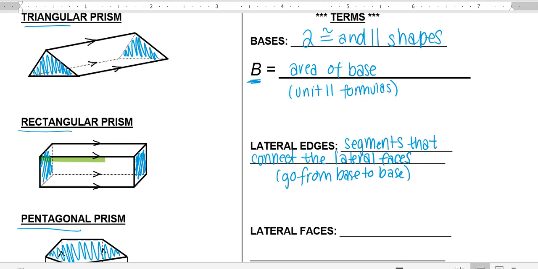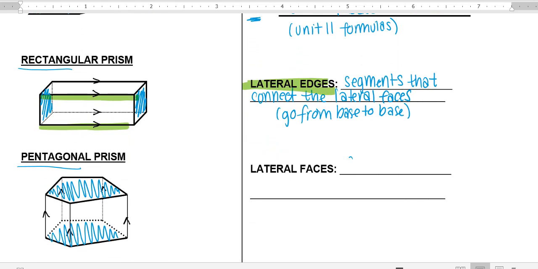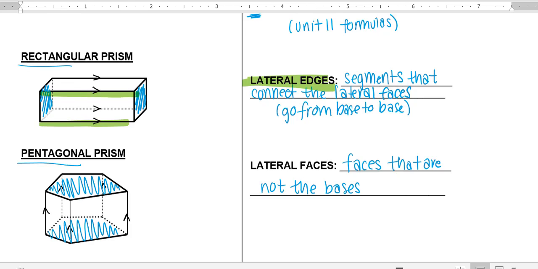All right, so this is a lateral edge, that's a lateral edge, going from base to base. And then we have our lateral faces. I think the best way to describe these are the faces that are not the bases. The sides that are not that blue shaded shape are just our lateral faces.